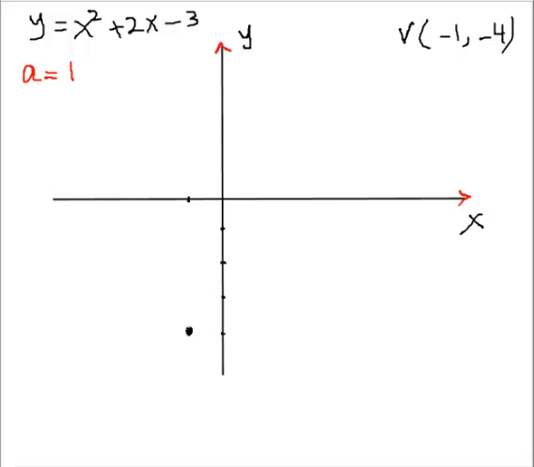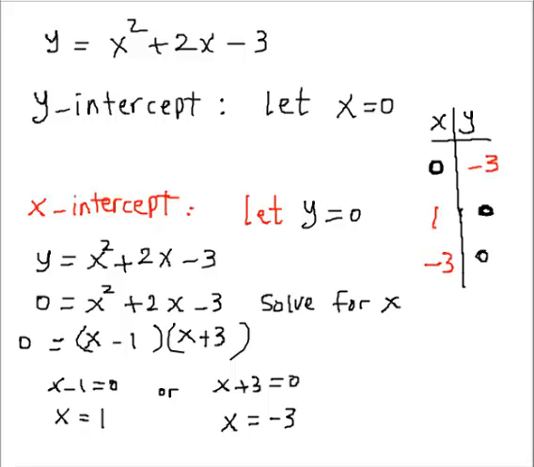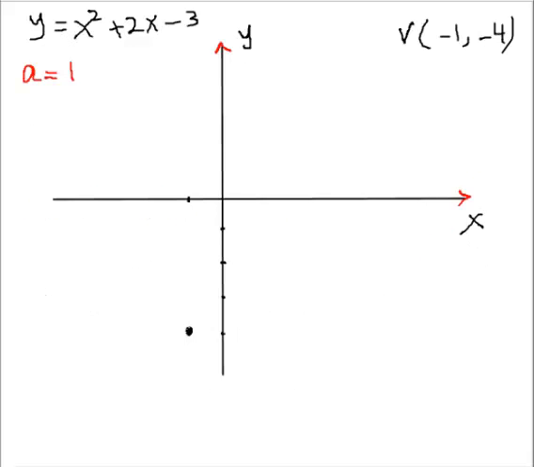Okay. Now let's go ahead and find the Y-intercept. We find the Y-intercept to be 0 and minus 3. If x equal to 0, y is equal to minus 3, so it would be this point right here. So you're probably going to pass through this point here.